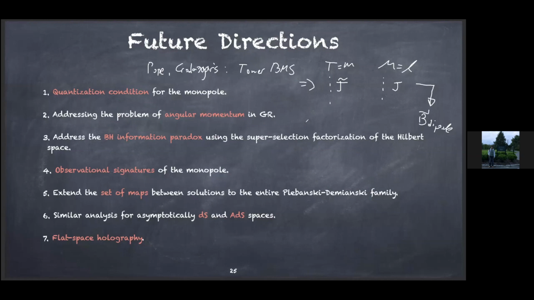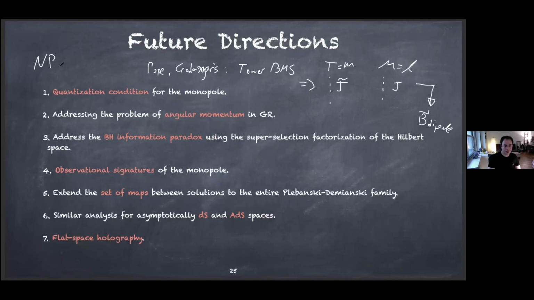But you don't expect there to be an infinite tower of such charges, right? Because roughly each tower gives you a soft theorem, and you don't have an infinite tower of soft theorems. Absolutely correct. So that's also a good question to ask. They worked in the linearized theory, and as Newman and Penrose already noted, in the linearized theory there is an infinite tower of charges, but they collapse to a finite amount of charges in the nonlinear theory.